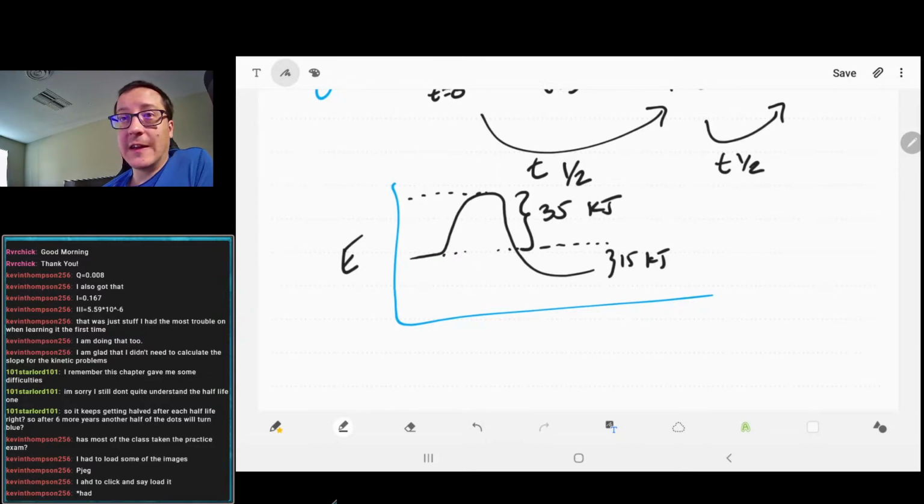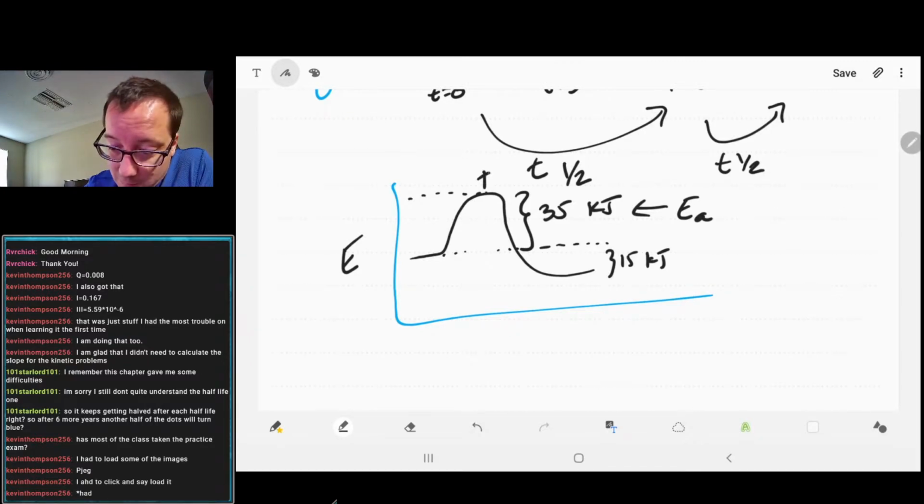Your initial line there is your starting energy. So that's the total energy of your reactants. And as you go through this, there is some energy that you put in called the activation energy. And that's what this hump stands for. That's your activation energy there.